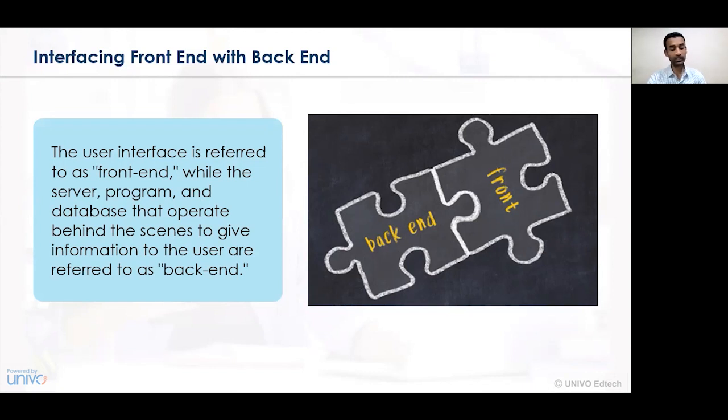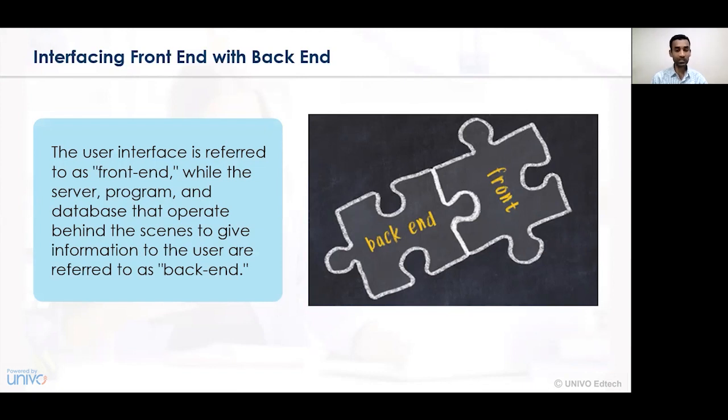Now let's understand what we mean by interfacing the front end and the back end activity. In a particular organization, there are certain activities conducted at the front end level, and certain activities conducted at the back end level. The activities which are visible to every person or every participant, whether related to the internal environment or the external environment, are called front end activity.